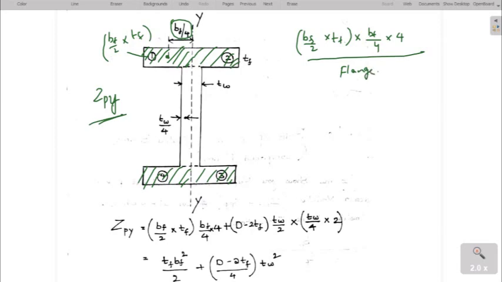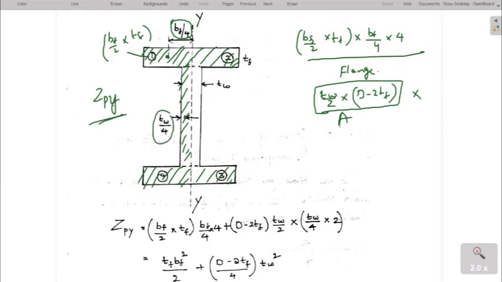Now similarly, consider this web portion. Only one side of this web, this portion only. What would be the area of that? TW/2 into (D minus 2TF). This is the area. And into the distance from the centroid of the web section, TW/4.